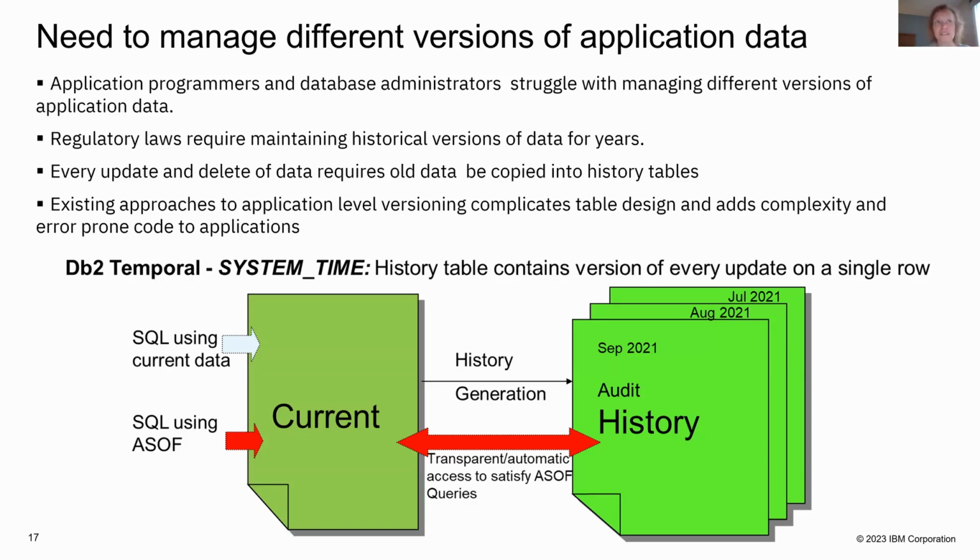And as I mentioned, this is now the game changer for being most successful in your business: adopting AI. And so this is a critical foundation where we can actually help from a DB2 for z/OS perspective.